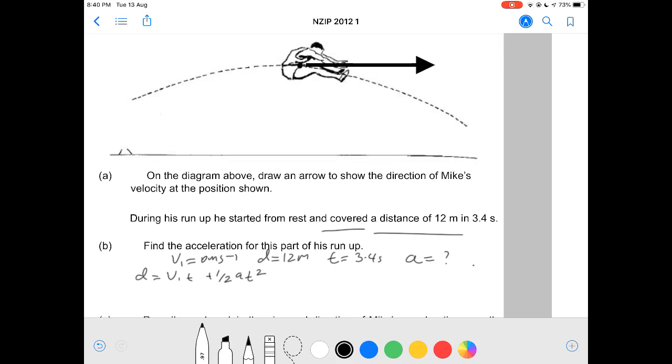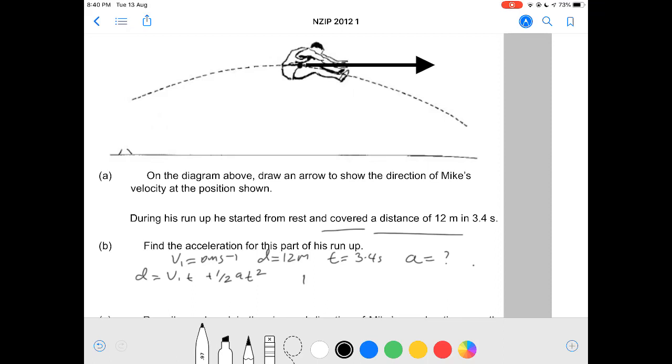It's because it has d, Vi, t, and a. So we have all 4 variables we need in this formula, and therefore we're going to use it to find our answer. Now all we have to do is a matter of substitution, okay?